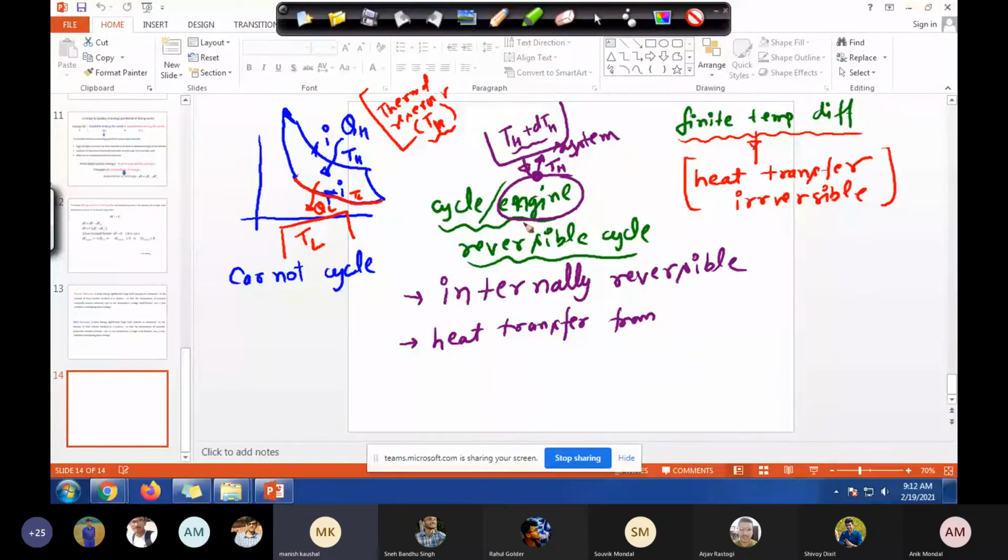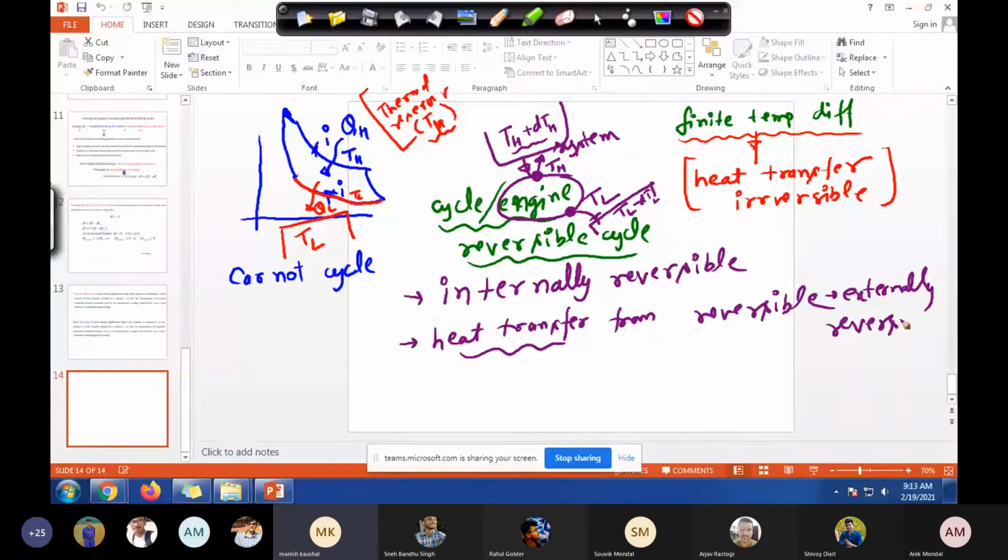Similarly, it is the case for this also. So here, let's say here is the sink. At this location on the system, that's what I call local temperature, heat is going to the sink, and here the temperature is TL, and the sink temperature, let's say, TL minus dTL. Since it's an infinitesimally small temperature difference, both heat transfers are reversible. Since whatever is happening from outside the system is also reversible, we will call it externally reversible.